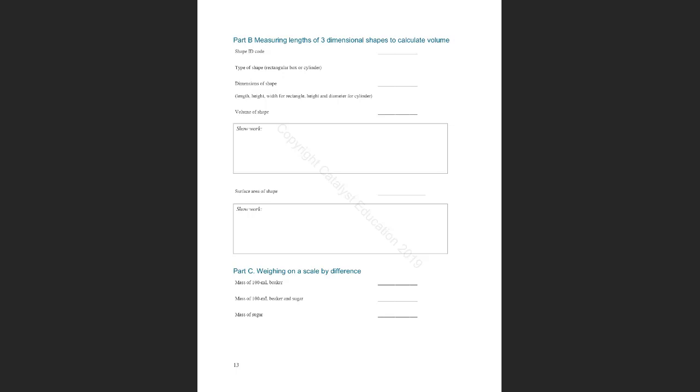So then you go into volume. Again, they will give you all the length, the height, and the width of the rectangle. So all you have to do is calculate the volume, multiply, and make sure you express your value with sig figs.